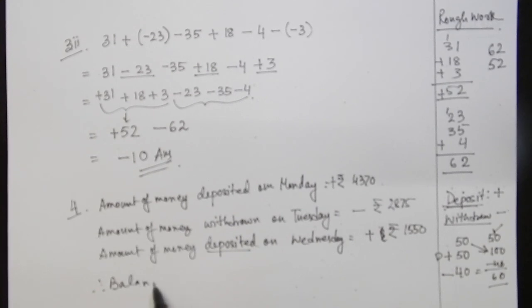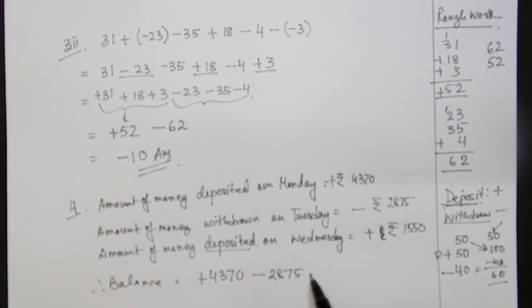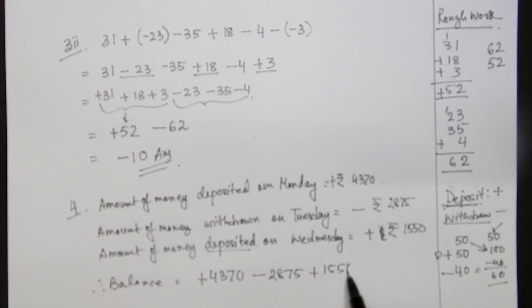Balance means how much money is there in the bank account. So on Monday money was added, Tuesday subtracted, again on Wednesday added. So let us put all the positive numbers first and then the negative numbers.